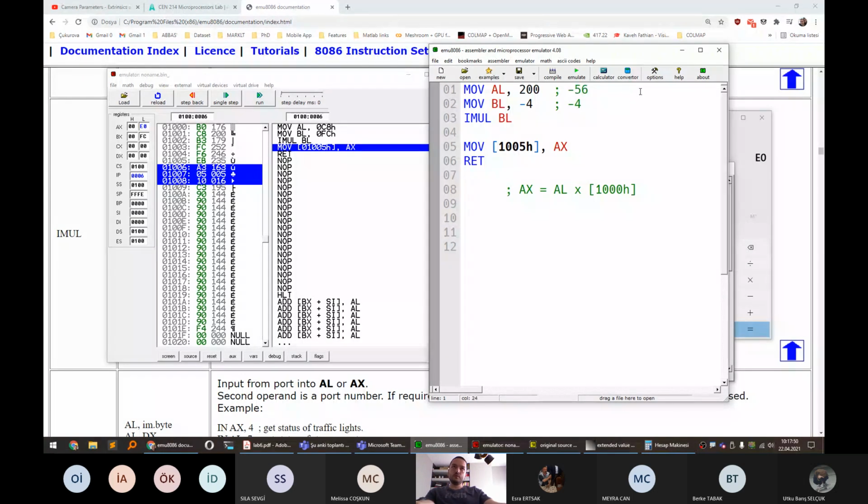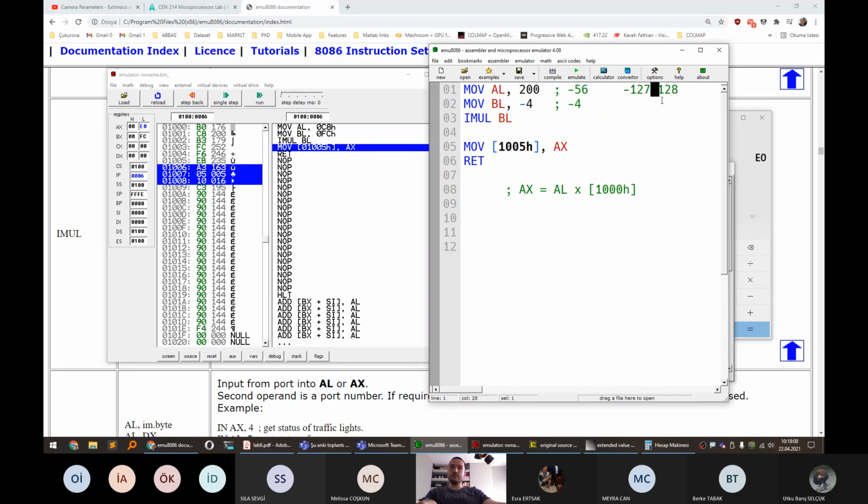Because the signed value of AL can fit into -128 to 127.